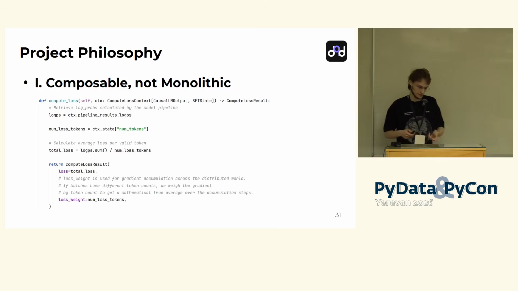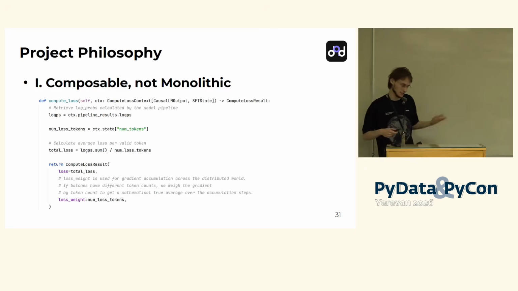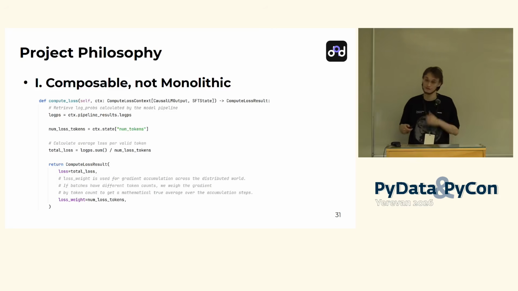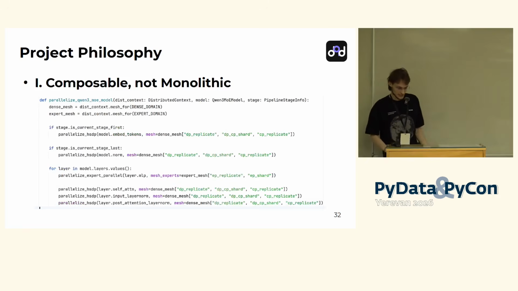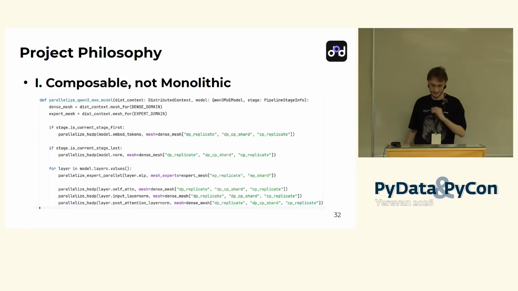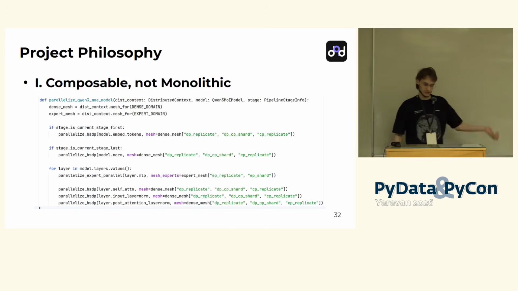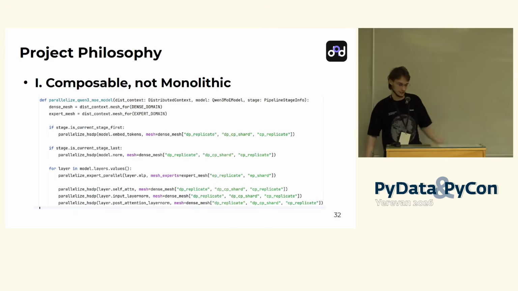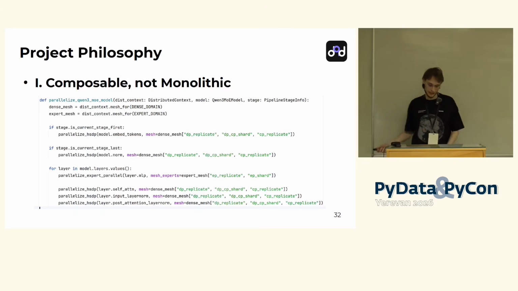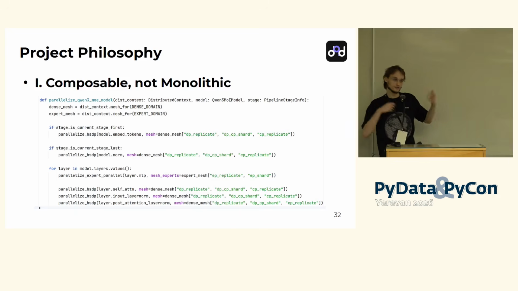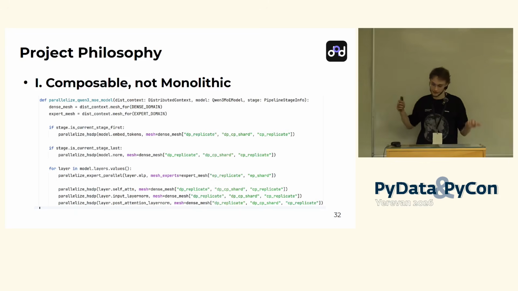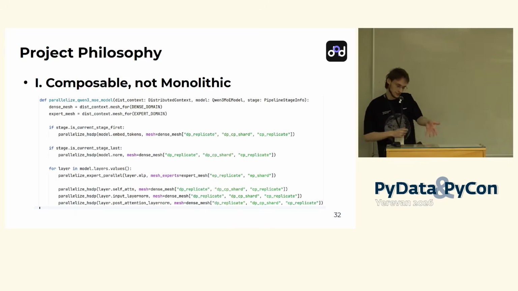So the developer sees loss weighting, and he can take it into account and think, how should I weight my losses in my distributed setup? Another example of composability is that we provide some functions for parallelizing our models from the catalog. But these functions are pretty simple, actually. If you want to create your model with your own distributed training strategy, you can just change these functions.